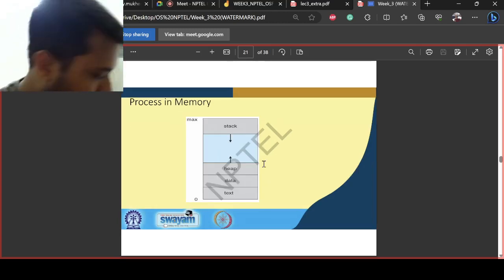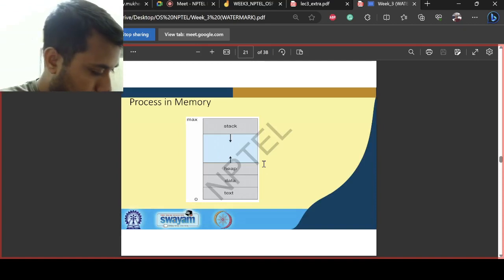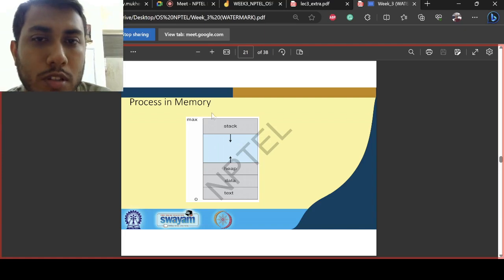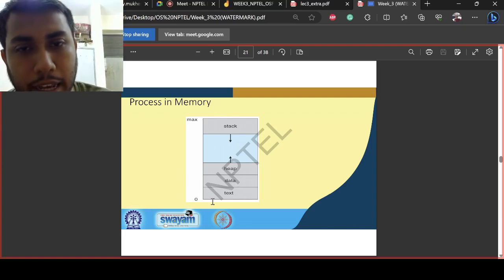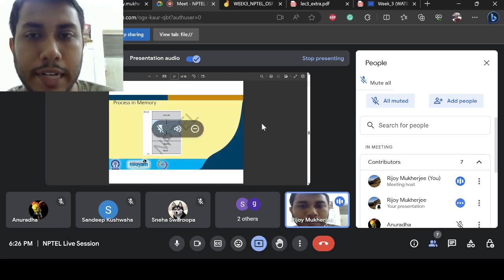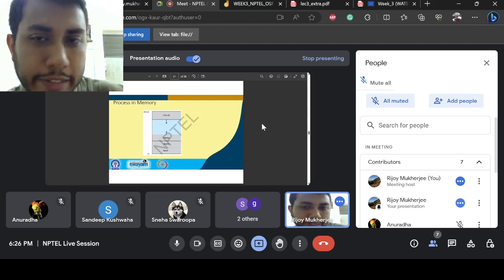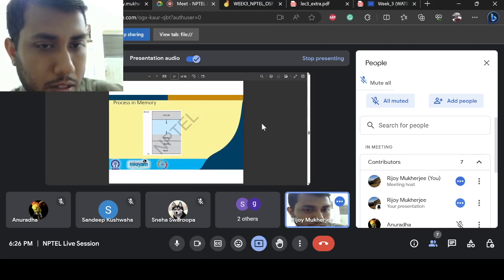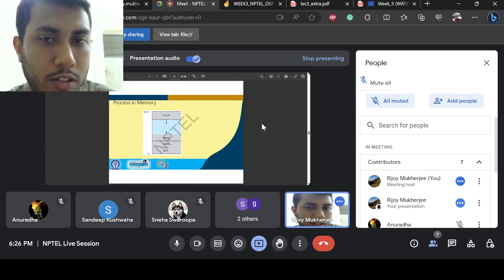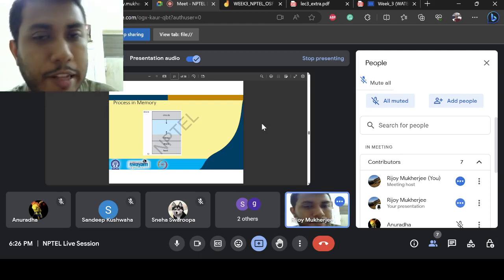A process will have a stack, a heap, a data, and a text. What is the text? The program which you have written is basically the text. The data part is basically the values it needs for initialization of its variables and all.